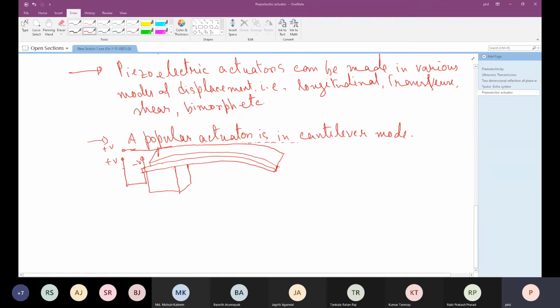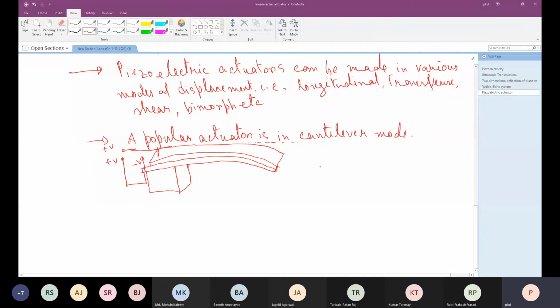So we can have positive voltage, maybe either same voltage or differential voltage, given at the top and bottom, while at the middle we can have a negative voltage. So then what will happen? The deformation of the lower plate and the upper plate, which are sandwiched together, will act like a bimetal plate under thermal excitation.